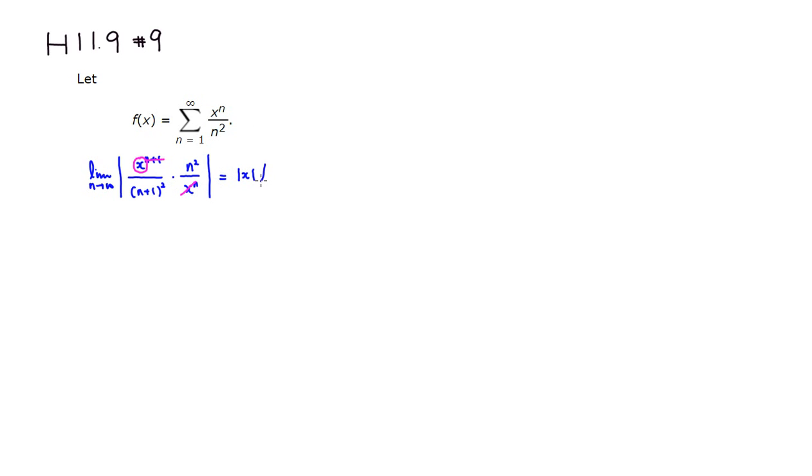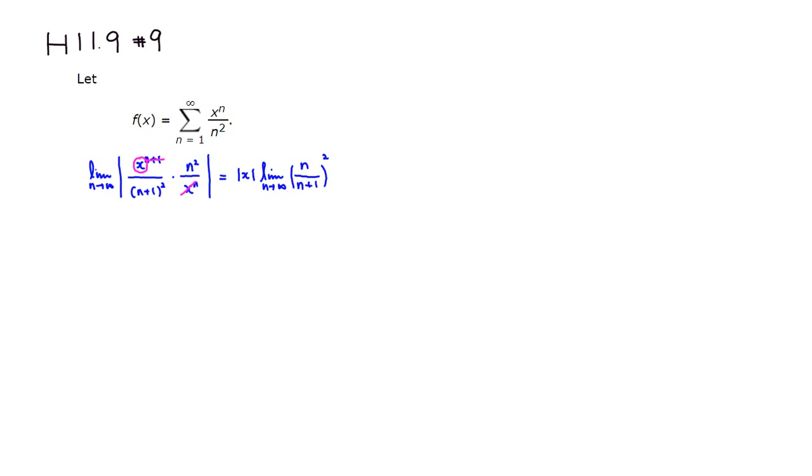And what's left is the limit as n approaches infinity of n squared over (n plus 1) squared. So I'm going to write it as n over n plus 1, squared. To evaluate that, if n goes to infinity, the numerator goes to infinity and the denominator also goes to infinity.